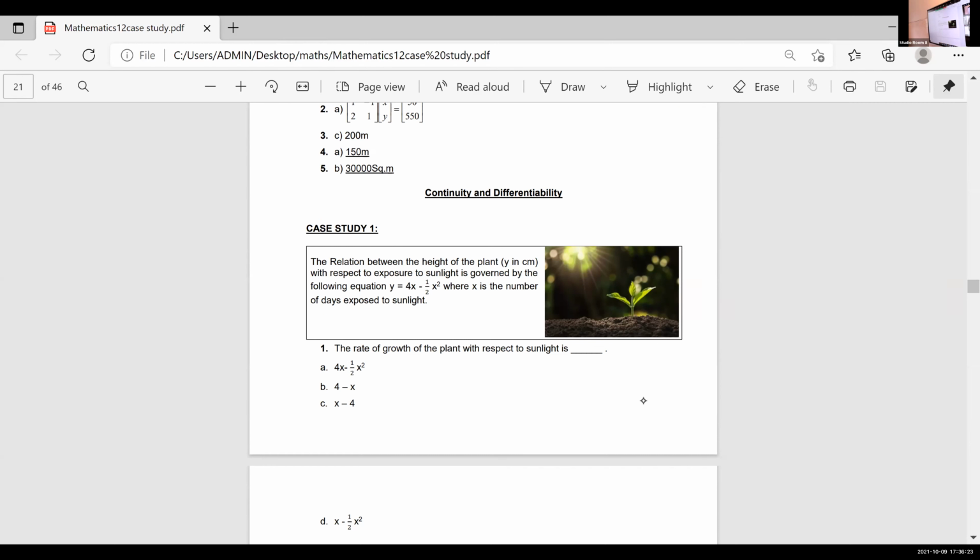The relation between the height of the plant and its exposure to sunlight is given by y equals 4x minus 1 by 2 x square, where x is the number of days exposed to sunlight. What is the answer?